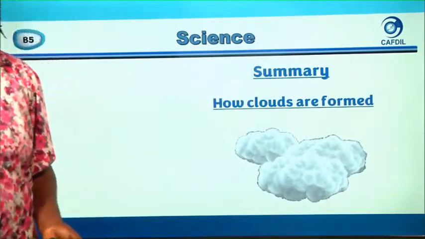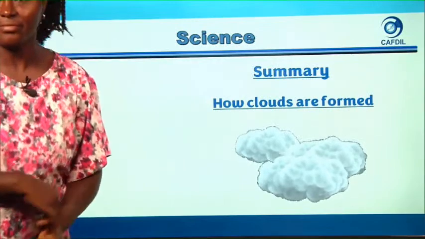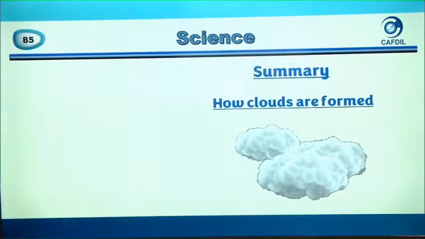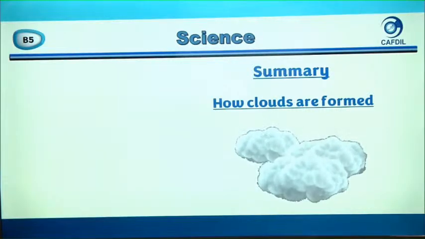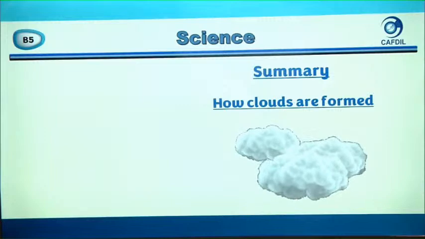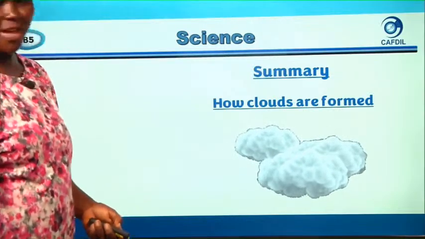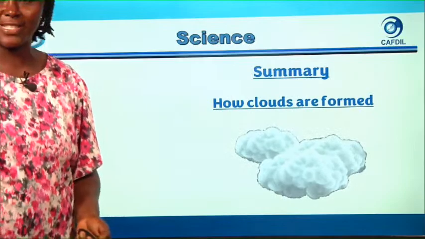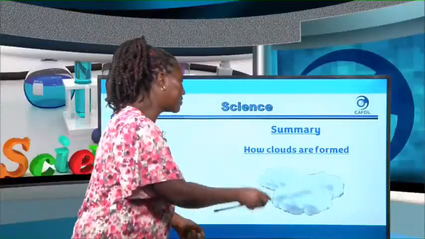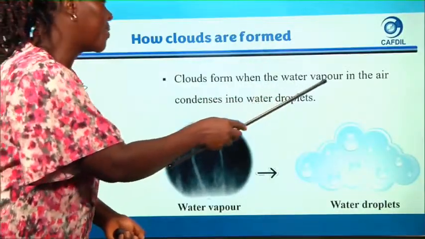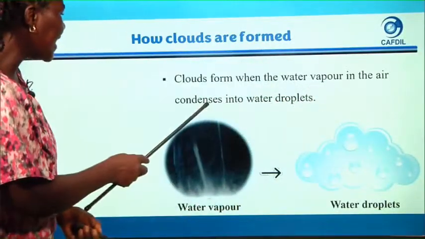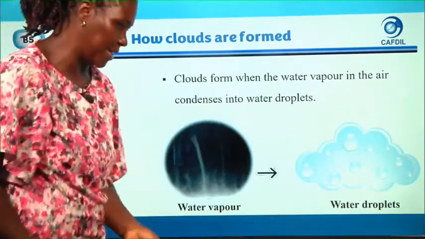Now we have come to the summary of our lesson: how clouds are formed. Clouds form when the water vapor in the air condenses into water droplets.